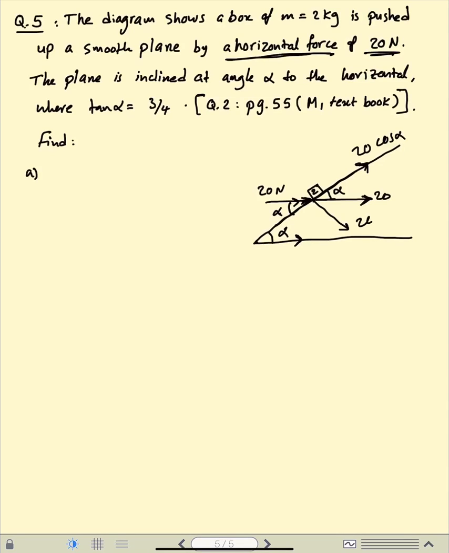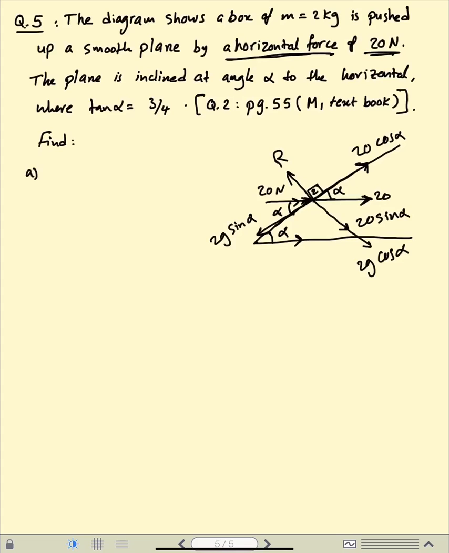This one is 20 sine alpha, my dear students. And we have R here. And don't forget the components for weight. We have here 2g sine alpha, and we have here also 2g cosine alpha.